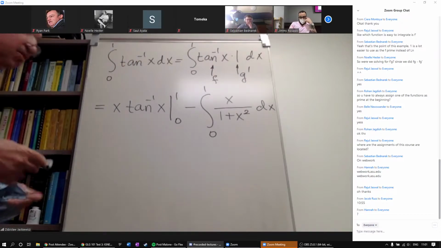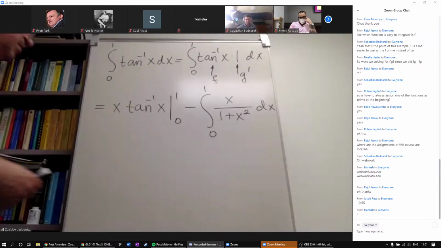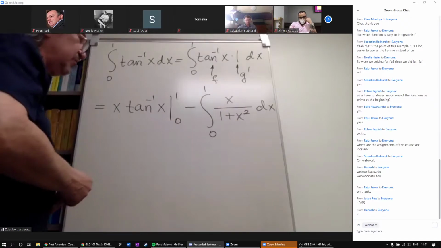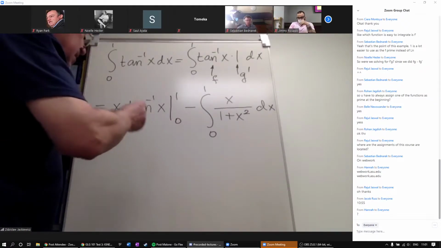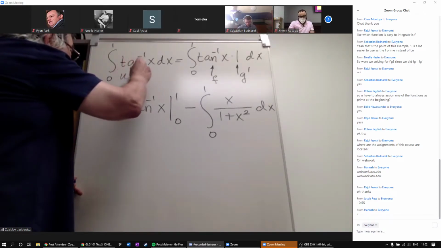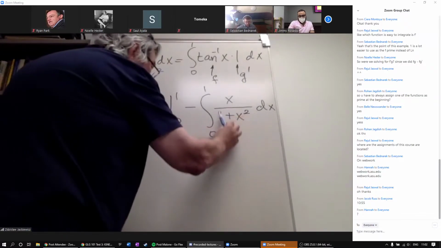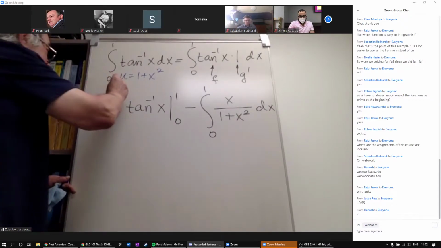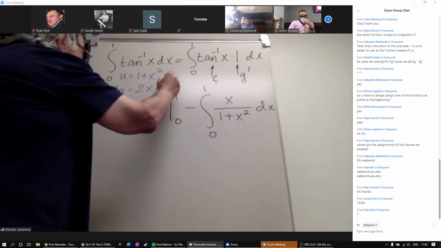So now to continue, we will compute this integral. To integrate this, we will use substitution. U is 1 plus x squared, okay? So that's u. So du is 2x dx.